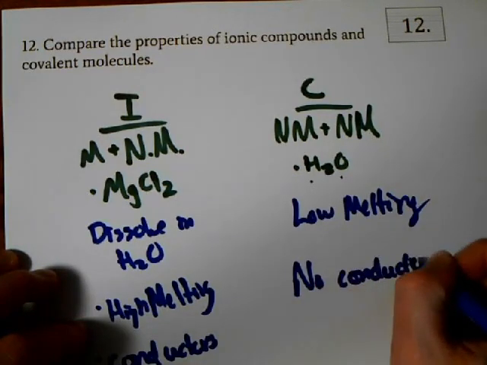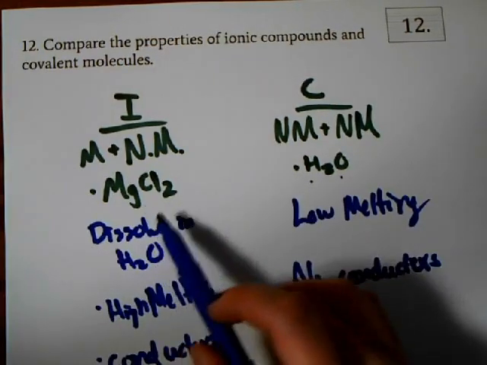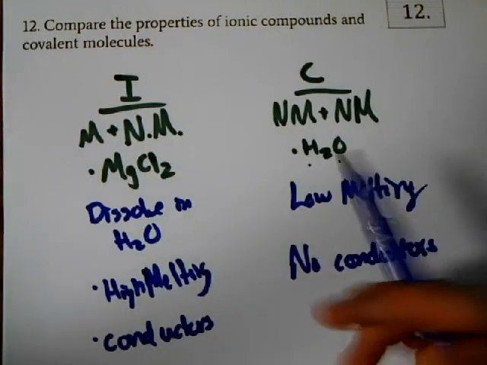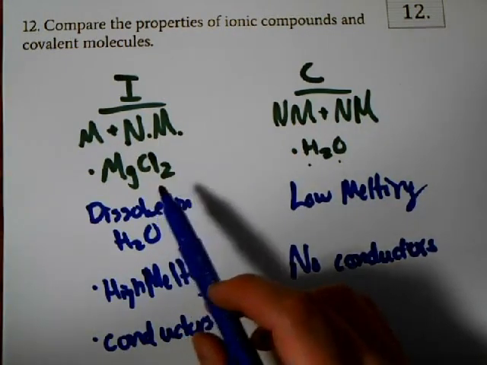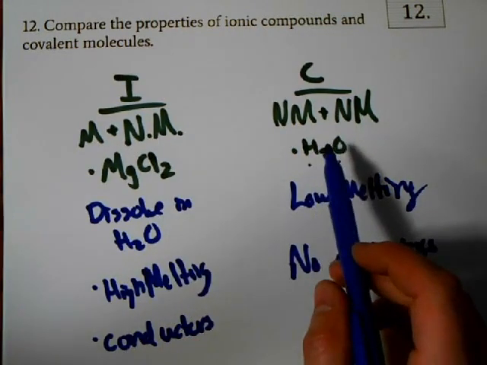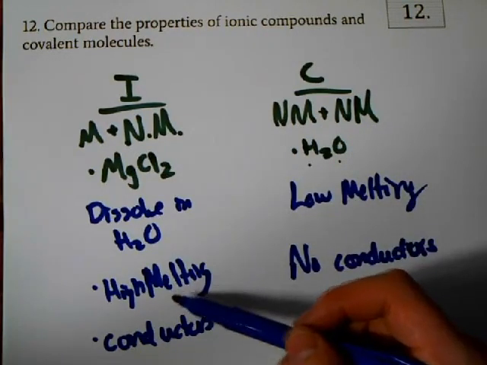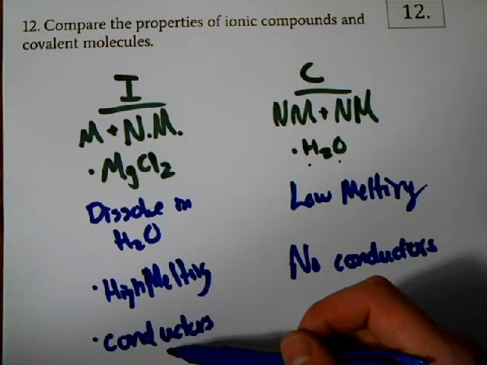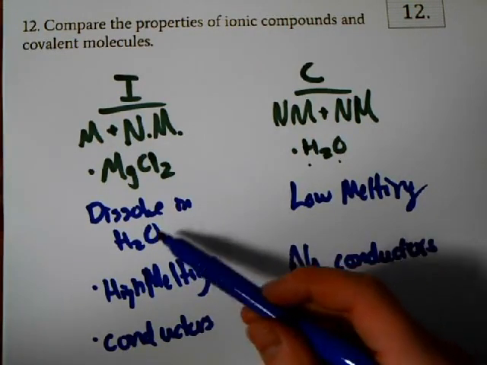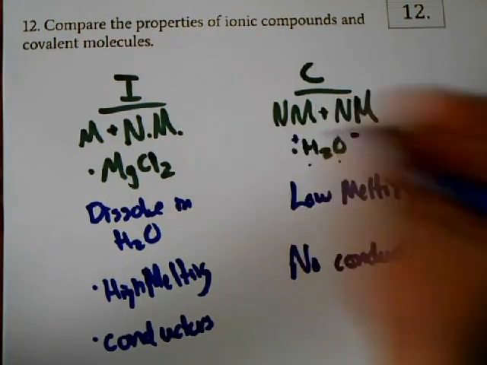But really what it boils down to is that most of these properties come from the idea that ionics hold on to each other very, very well. One element really wants the electrons, so it's going to hold on to them. The other one does not want them very much, or they're just going to share them between them. So we get very high melting points because they want to hold on together. However, they're going to be great conductors and dissolve in water because water is polar, where there is a more negative side and a more positive side.